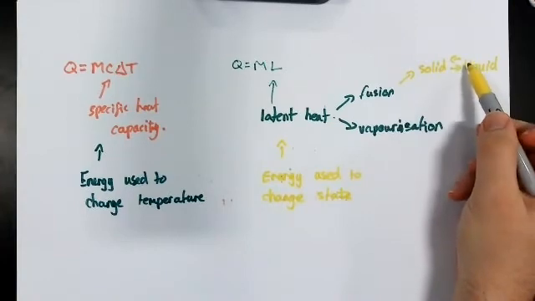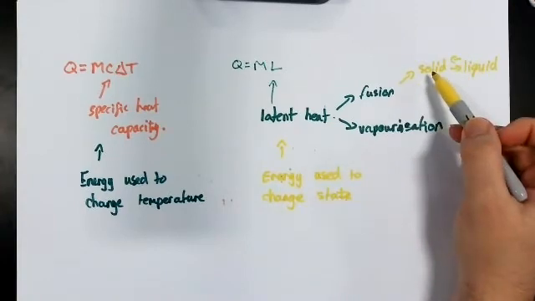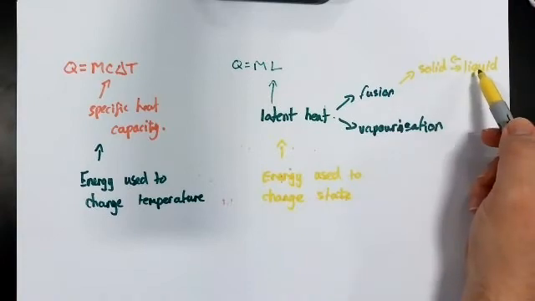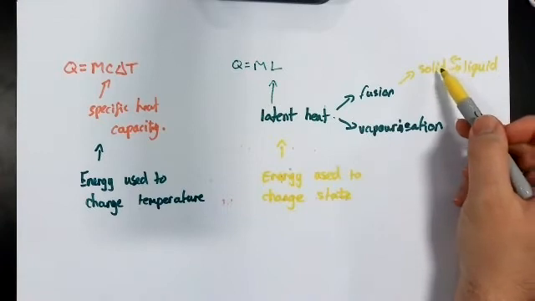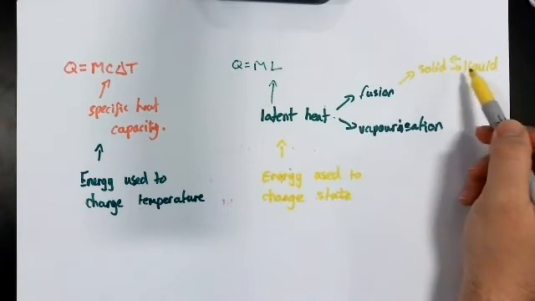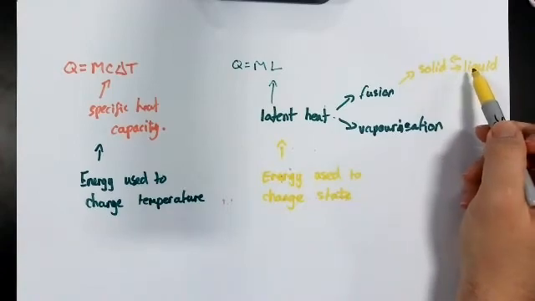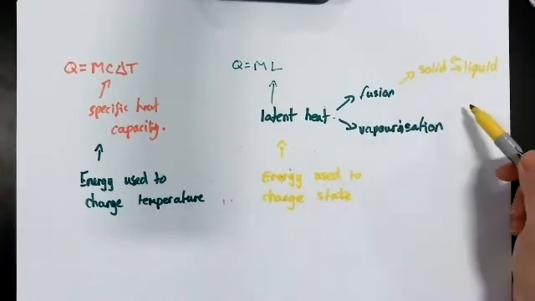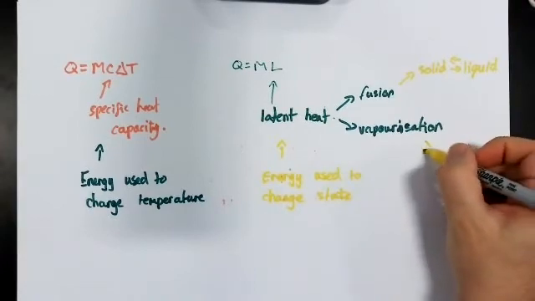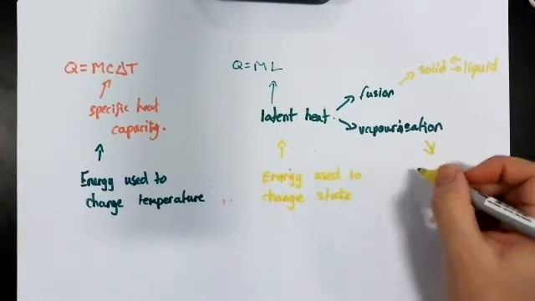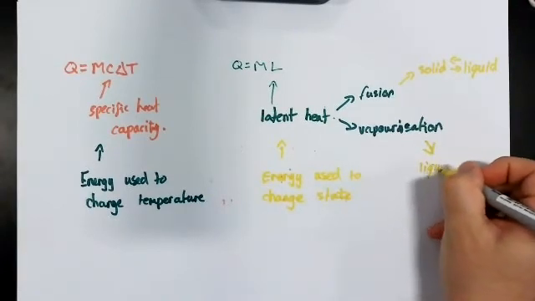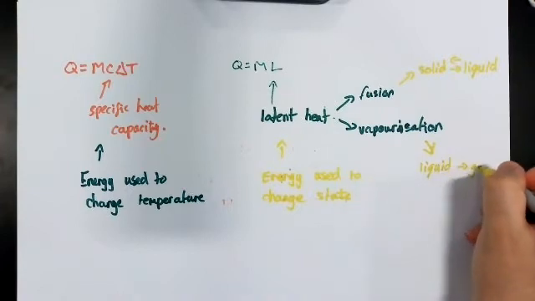The reason I say it could be back is because remember, you can either take energy in, or you can give energy out. So if you're taking energy in, you're going from a solid to a liquid because it's gaining energy, isn't it? But if it's losing energy, well, then it'll be going from a liquid to a solid. Same with vaporization, just of different states. So we have liquid to a gas.